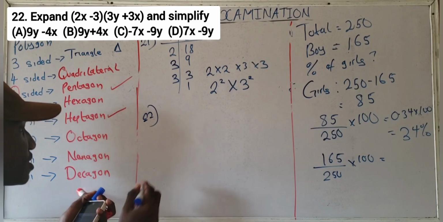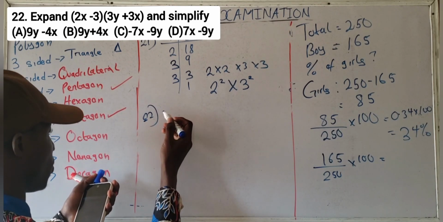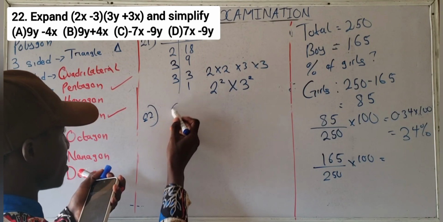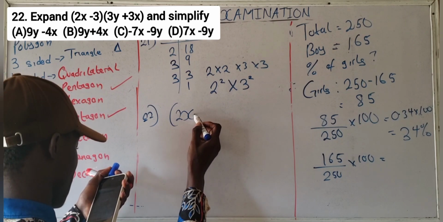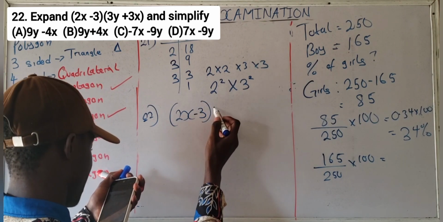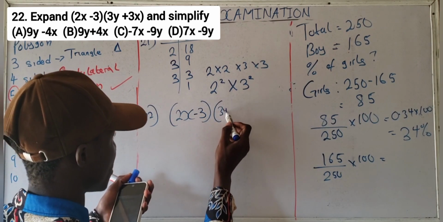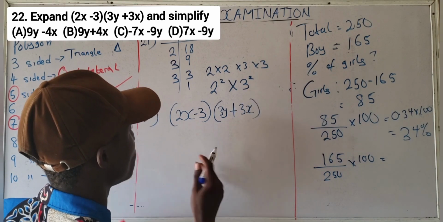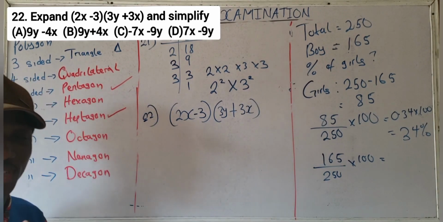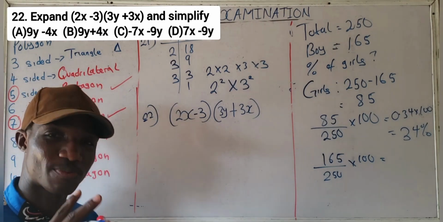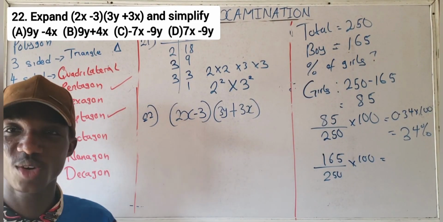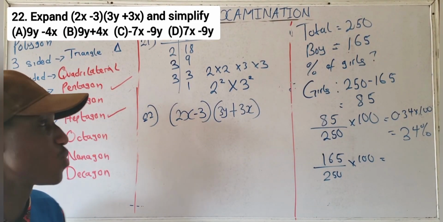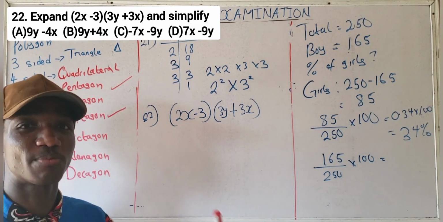Before I solve this question, I'm going to refer you to some videos on expansion. We are asked to expand first, then simplify. So we first have to expand, then we are going to simplify our expansion.